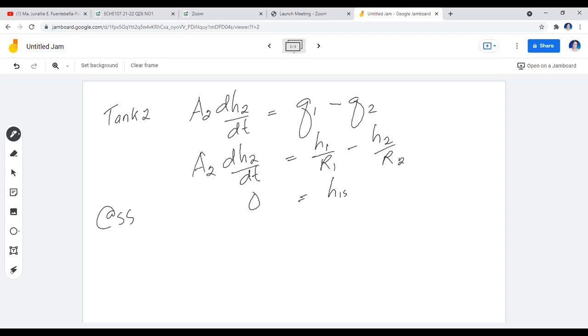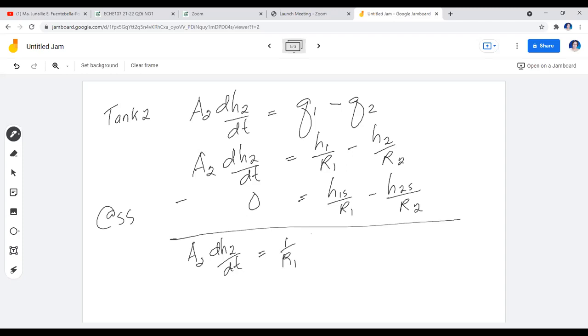So H1S over R1 minus H2S over R2, then subtract, and you will have A2 dH2/dt equal to 1 over R1 times H1 minus H1S minus 1 over R2 times H2 minus H2S.